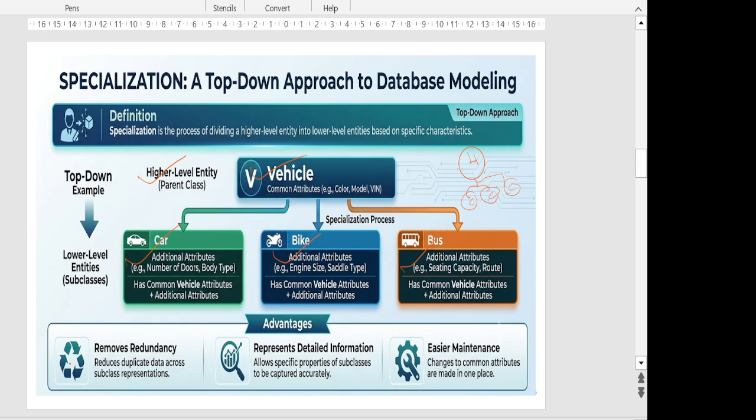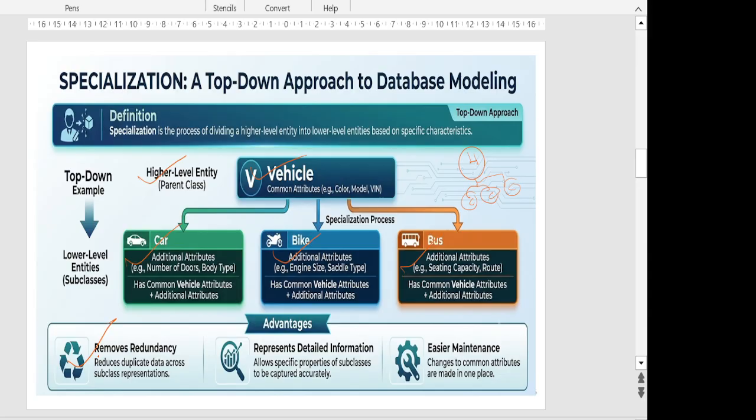The advantage is that it removes redundancy, because it will eliminate the duplicate data. Duplicate data I don't need to explain; everyone is aware, since we have already discussed it many times. One more advantage is that it represents detailed information.